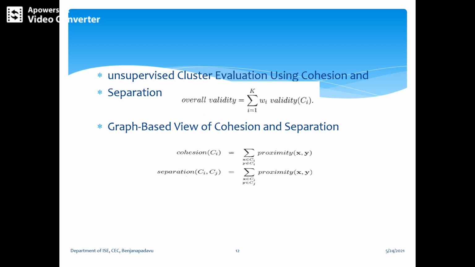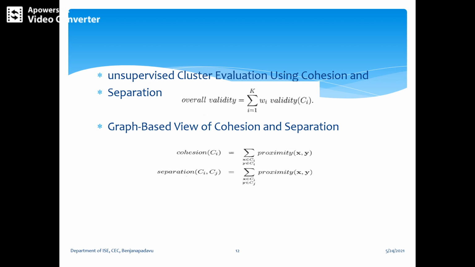So here mathematically, cohesion and separation for a graph-based cluster can be expressed using the following two equations respectively. The proximity function can be a similarity or, in the case of dissimilarity, a simple function of these quantities.